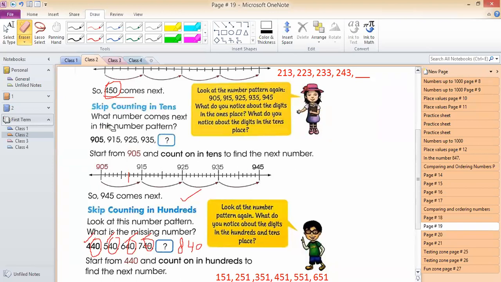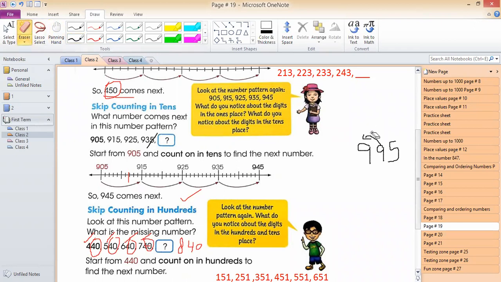So whenever you are counting in tens, the ones will never change. The ones place will never change if you are counting in tens. The hundreds place can change only if you have 9 in the tens place. Let's suppose it is 995. Because 9 plus 1 is 10, that's why it will change the hundreds place as well.